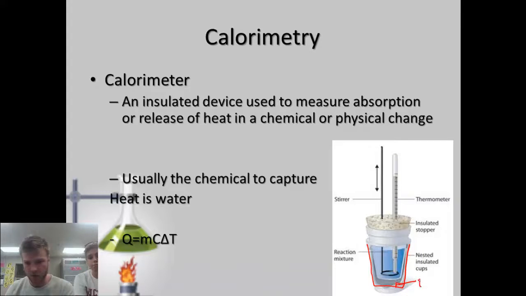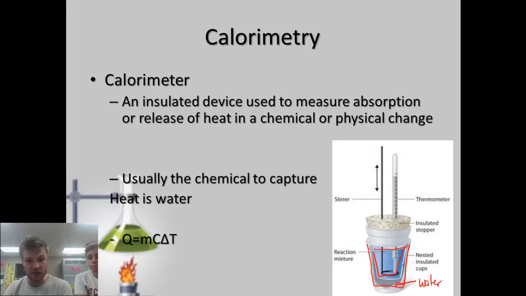That water is going to detect any temperature changes going on in the reaction, because anything lost by whatever we're reacting is going to be absorbed by the water. So we'll have our reaction mixture inside, and you'll see we have a thermometer going down and something to stir so the reaction goes completely.